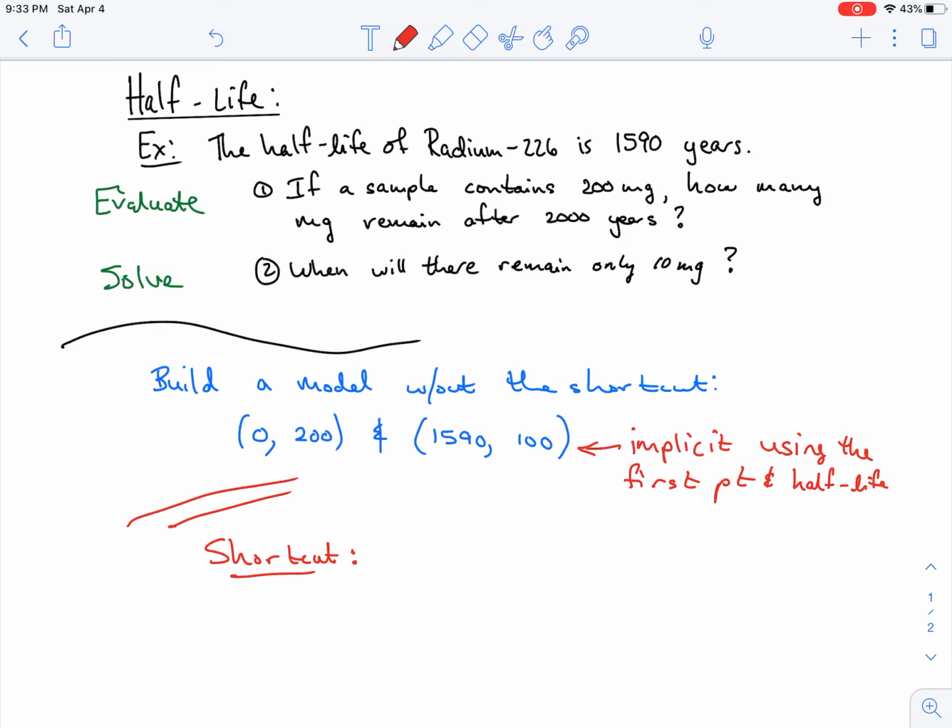The output, whatever variable you want to use, we'll use m for mass, is the initial amount times 1/2 to the t over h, where a is the initial amount and h is the half-life period.